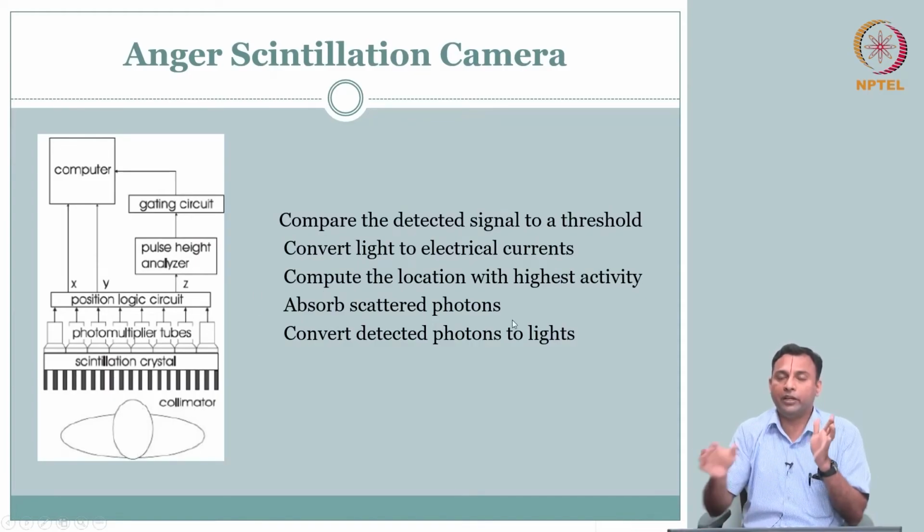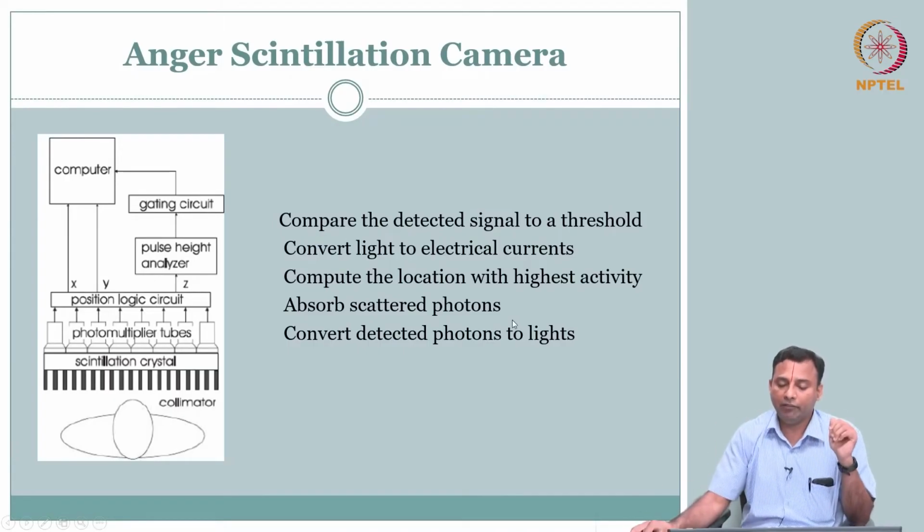Based on this signal you have to say where it is coming from, where the highest activity is. So this is the rough logic of what this Anger scintillation camera, the whole unit, is supposed to do. We will go one step at a time.